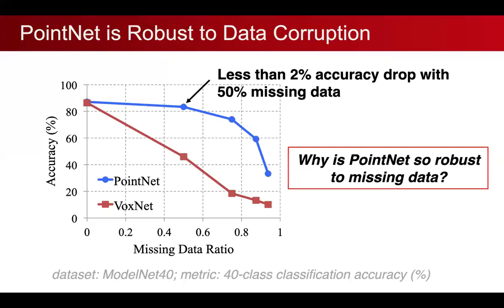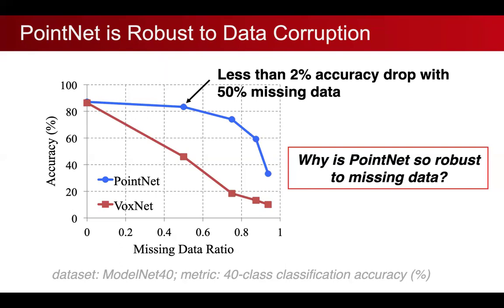And one of the characteristics of PointNet that's very remarkable is that PointNet is very robust to data corruption. So this graph shows that if we drop 50% of the data or change it in some ways, it's going to lose just 2% of accuracy.